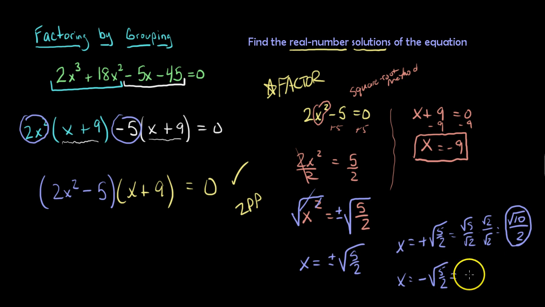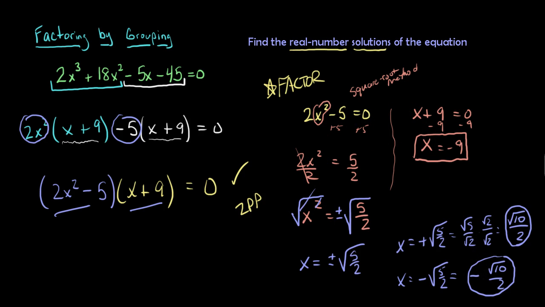Or when you do the same thing over here, you'll get negative square root of 10 over 2. So technically, those are 2 of your answers, along with this negative 9. Do they always come out to be like this, where it's a square root of a fraction? Nope. But it's still the same concept. Understand the deal. Factor it first. Get your factors over here. And then take ZPP and set them equal to 0, and then solve them accordingly.